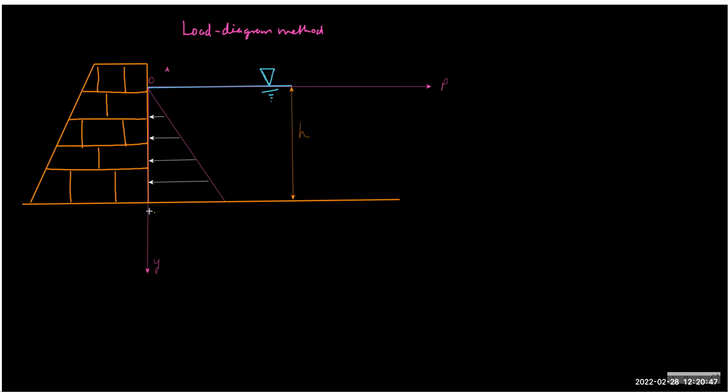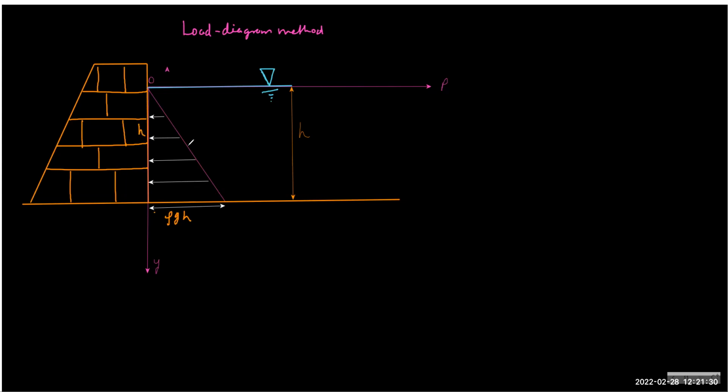This is h, and what is the bottommost length? It's only the pressure diagram. As you go below, the pressure will increase. When you are h below, how much is the pressure? It's rho gh. So this is rho gh, and this height is h.